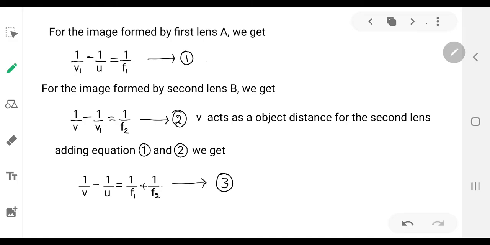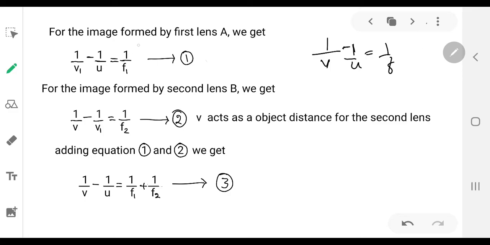First we'll write the thin lens formula for the image formed by the first lens. The formula is 1/v minus 1/u is equal to 1/f: the reciprocal of image distance minus the reciprocal of the object distance is equal to the reciprocal of the focal length of that lens.